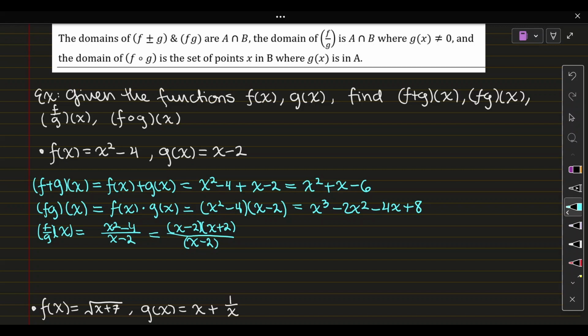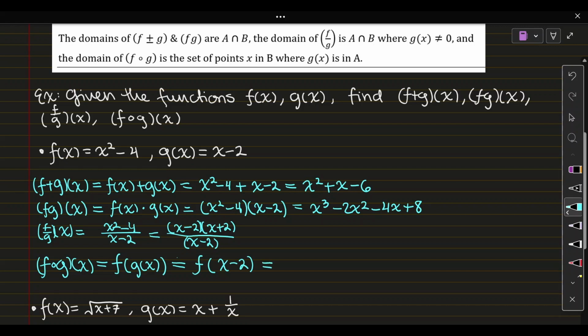Necessary information, okay? Finally, f compose g of x is just f of g of x. How does that look? Well, g of x is x minus 2, so f of g of x is f of x minus 2. Everywhere there's an x in f, we put x minus 2.